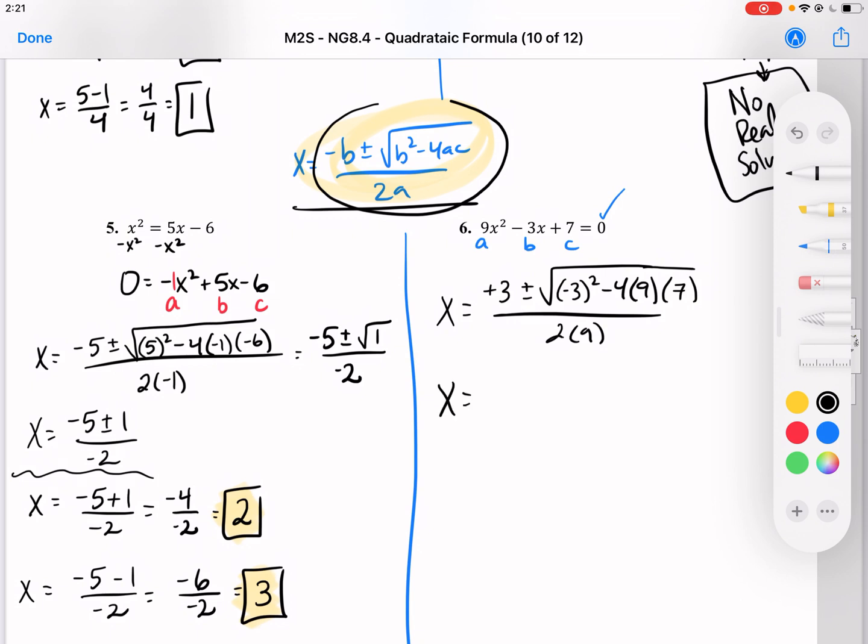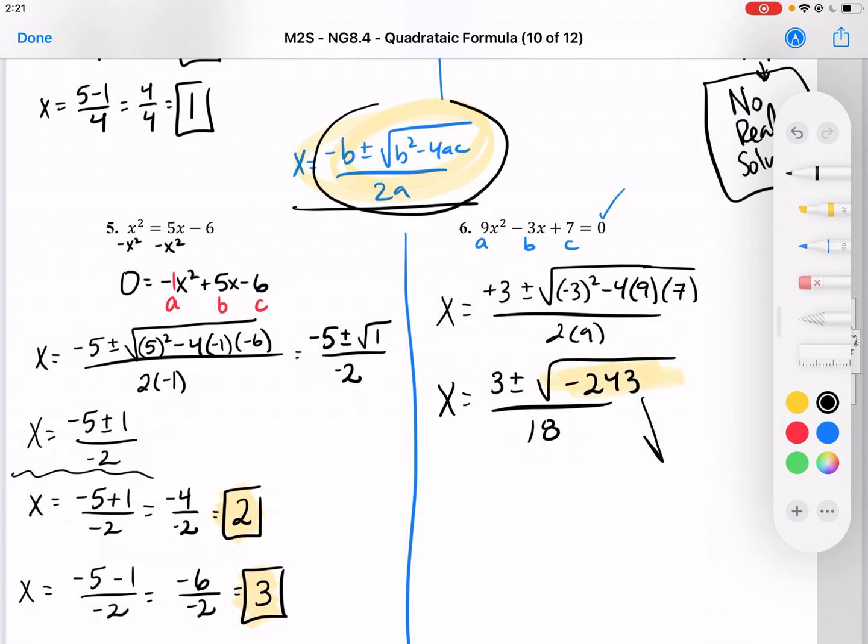I'm just going to go to the next line. So we got 3 plus or minus, and then we have 3 squared minus 4 times 9 times 7, which is -243. All that's over 18.